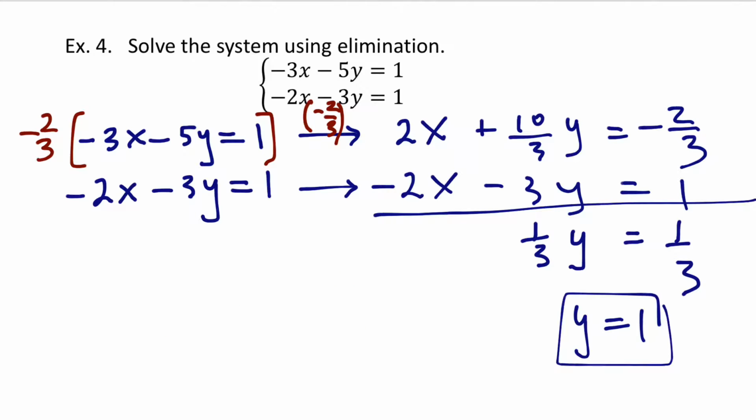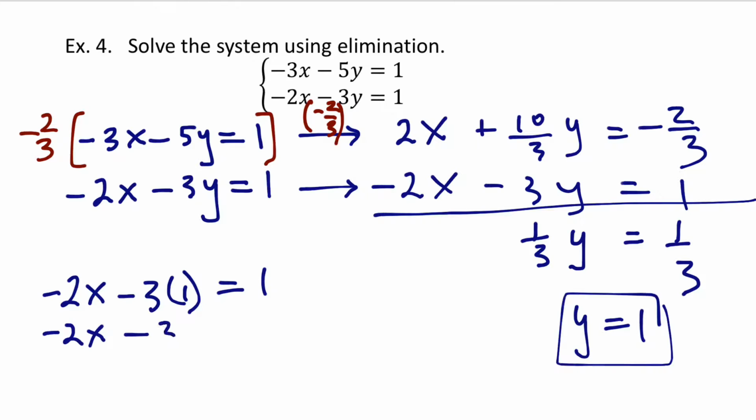Now you can substitute that 1 into either of the equations to solve for x. So let's go ahead and use the bottom one. Doesn't matter which one you use. I'm substituting 1 in for y, so I'm going to get negative 2x minus 3 is equal to 1. Negative 2x is equal to 4.